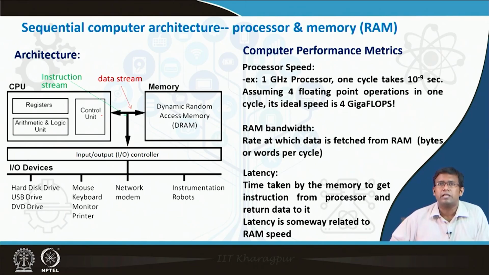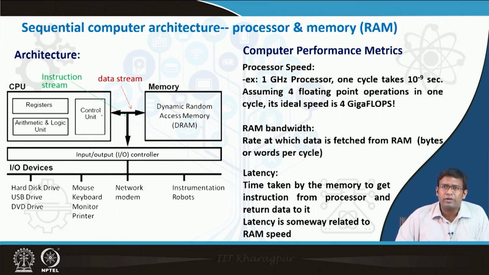That time is called latency. Why is it called latency? Because when the processor has asked for certain data, it goes into a latent state till this data is obtained from the RAM, and that is why it is called latency. This is the time in which the processor is waiting in the latent state for the data from the RAM.